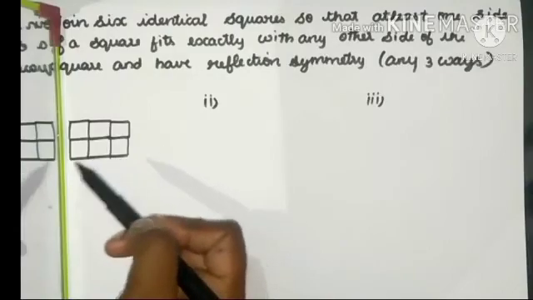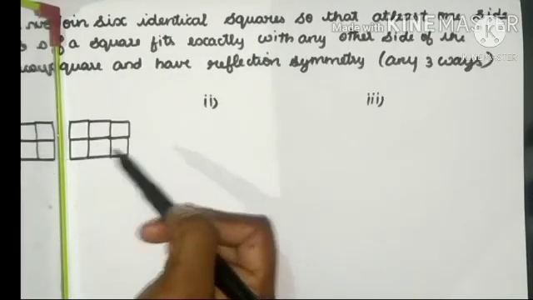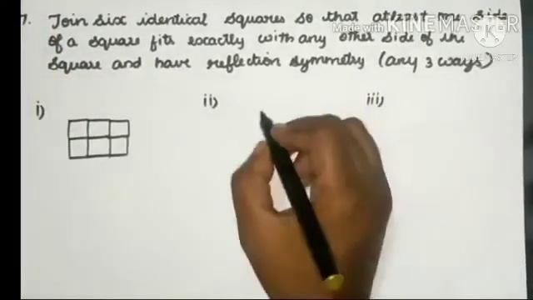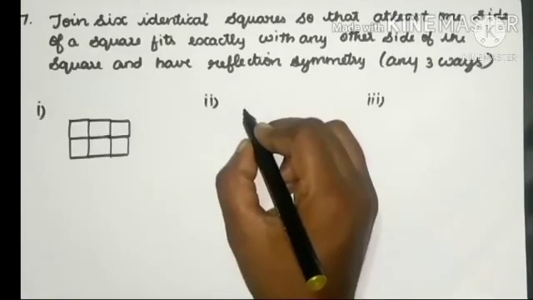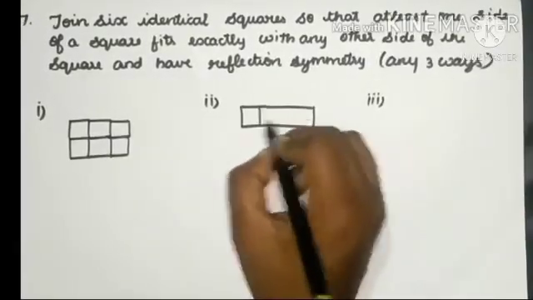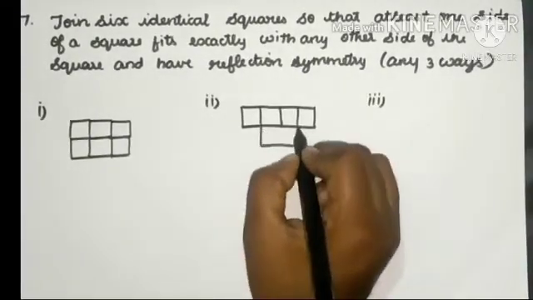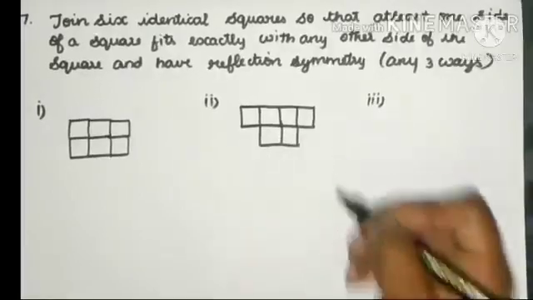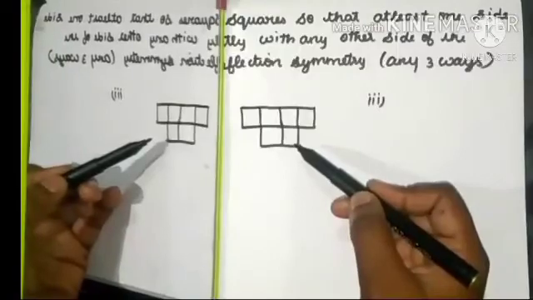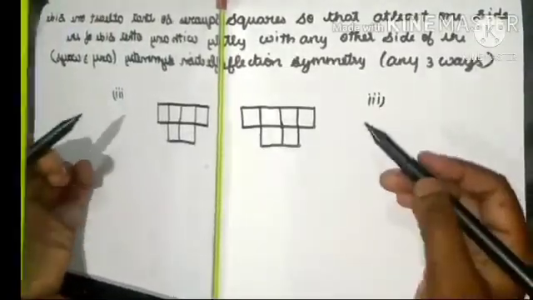It has a reflection symmetry. The 6 identical squares have a reflection symmetry. Now let's find it for the second arrangement of identical squares. 1, 2, 3, 4 and then 5, 6. 6 squares. See, these 6 identical squares also have a reflection symmetry.